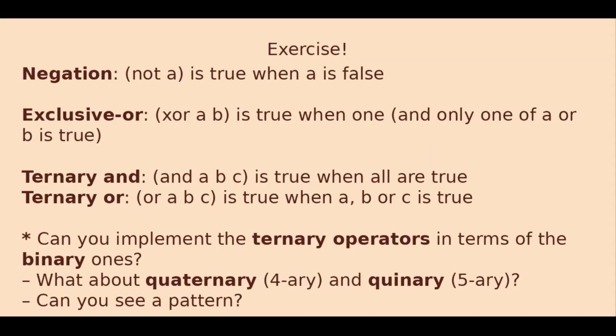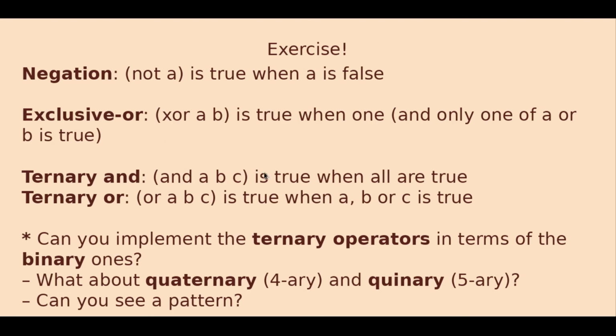Now is the end. You have some exercises. We have negation, so NOT A will return true when A is false, and it will return false when A is true. And then the exclusive OR function is true when one and only one of its arguments is true. And then try to write the ternary functions.